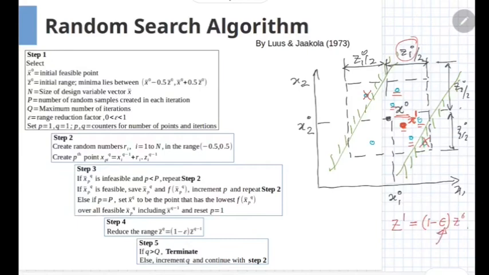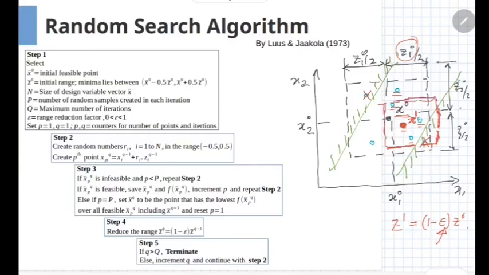The epsilon in this case is the reduction parameter which defines that after the previous iteration, how much reduction in the search space should be there in the subsequent iteration. So in the second iteration, we will have a search space which is shorter than the first one. So this is the new search region which is smaller.